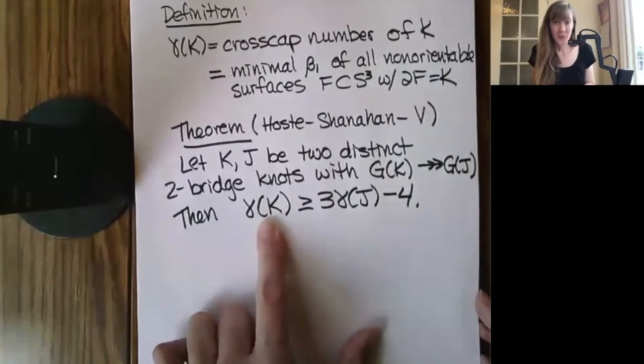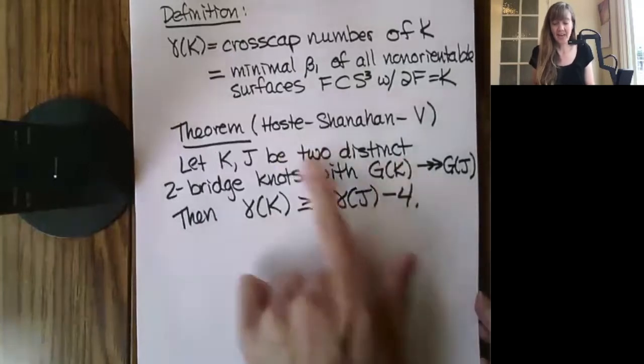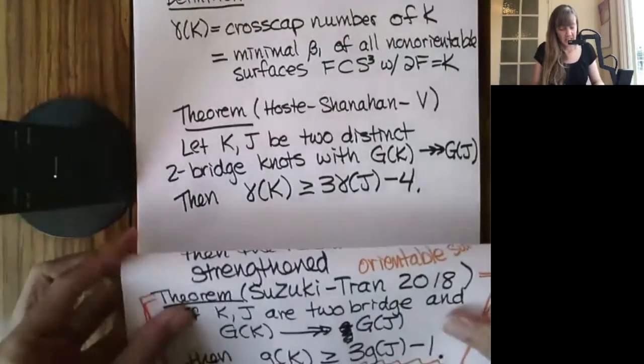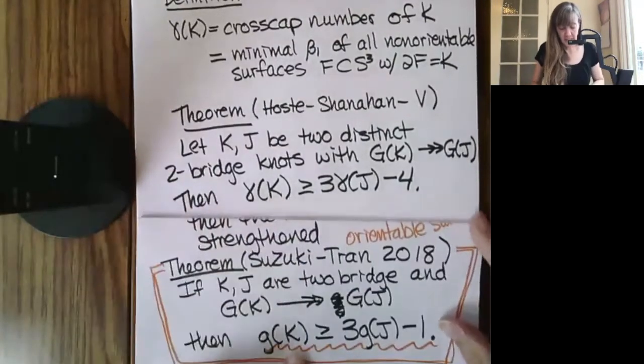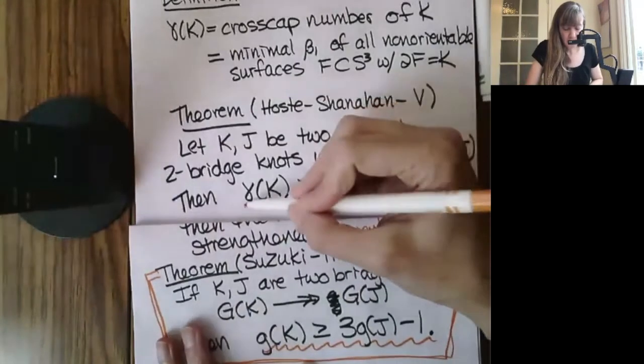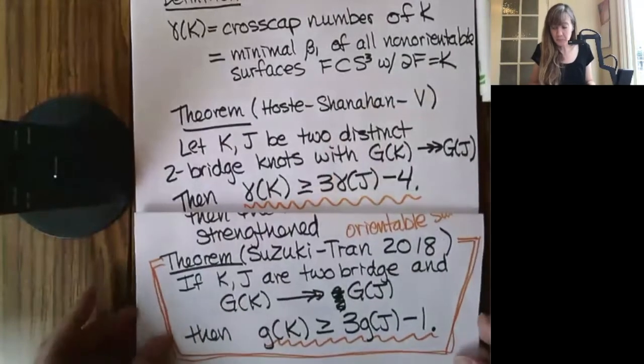We're given a relationship between the crosscap numbers of K and J when they have this relationship. And just to keep you comparing, if we're talking about orientable surfaces, this is our relationship down here, and now with non-orientable surfaces, this is our relationship. So you can see some similarities.